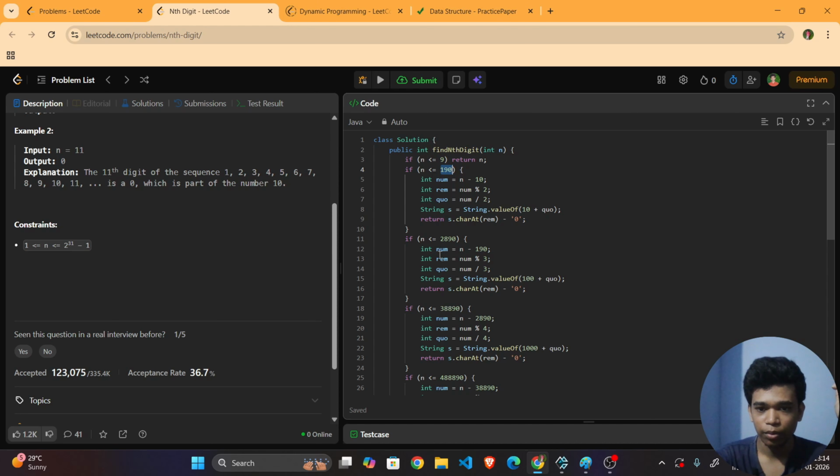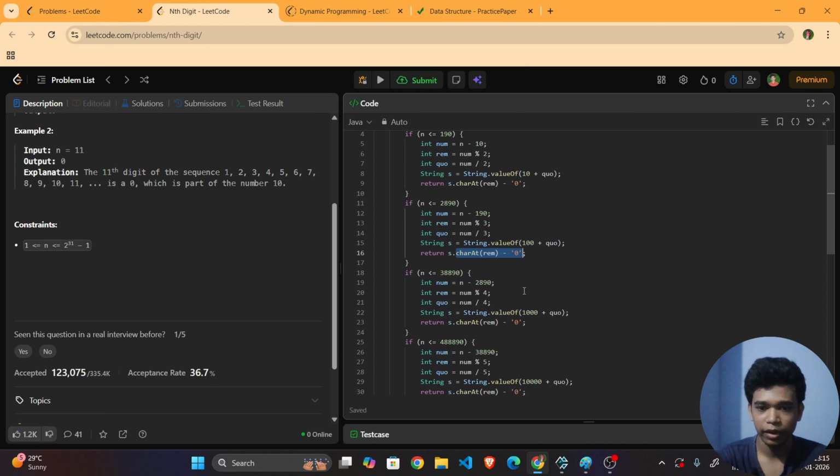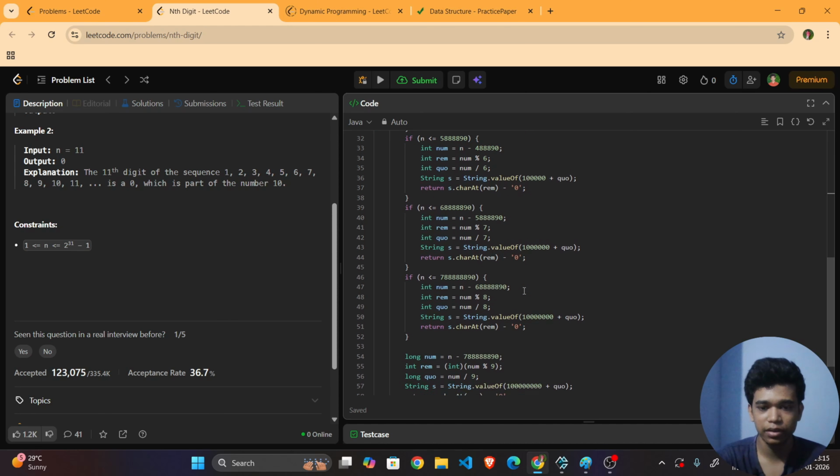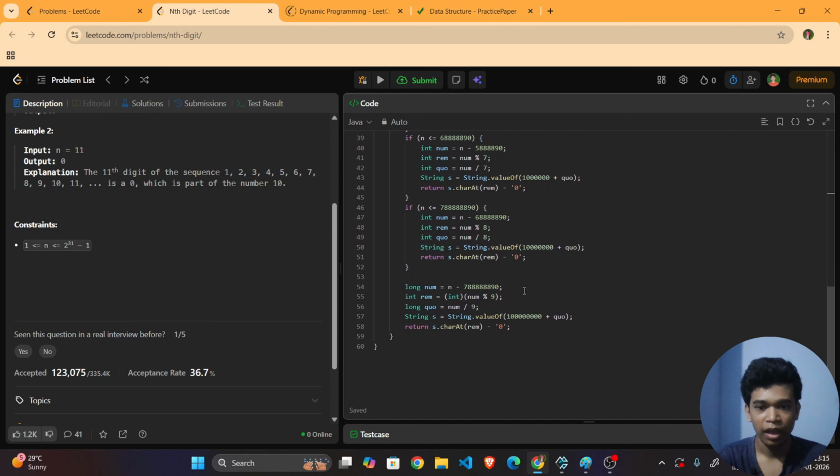Now it is a 3-digit number, so we want to do division and mod operation with 3, and also we want to start from 100, and the rest will be the same. Similarly for 4-digit, 5-digit, 6-digit, 7-digit, 8-digit, and 9-digit numbers. After the 9-digit number, there is nothing more because we have attained the utmost value. And understand up to this.